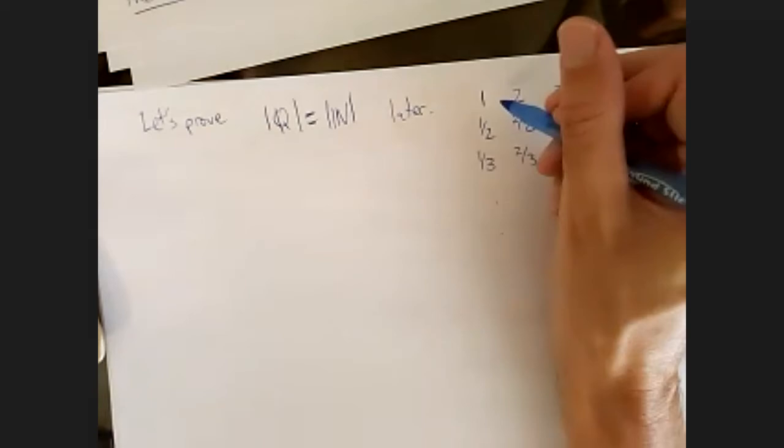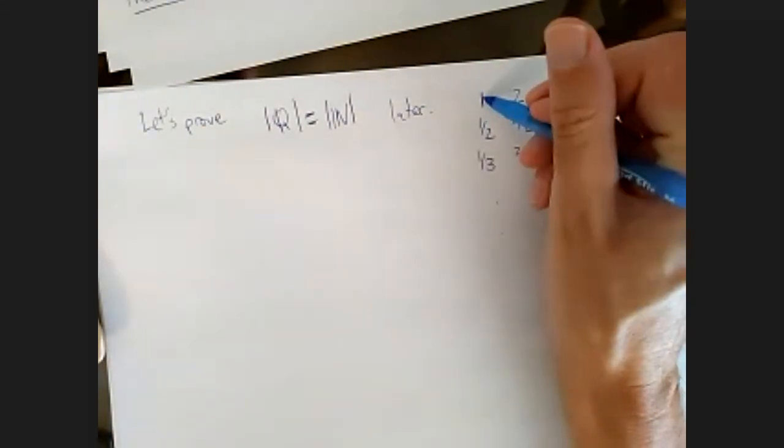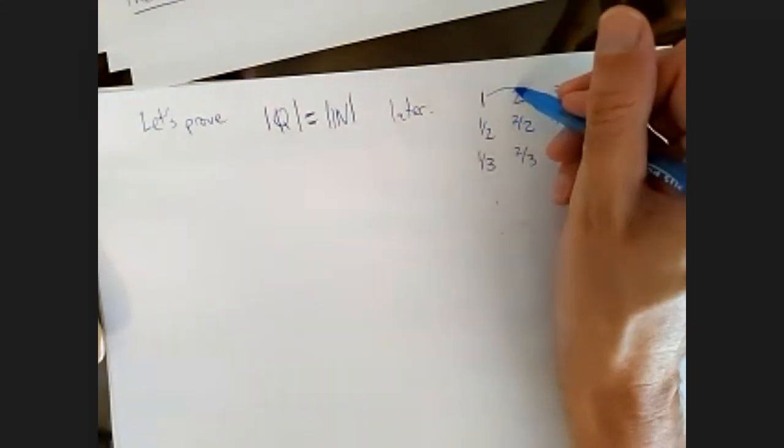Well, this doesn't give you all rational numbers, but it gives you all positive rational numbers, but with some repeats, you know? So don't worry about the negative rational numbers, but if you just worry about positive rational numbers, you just count them off by doing this.